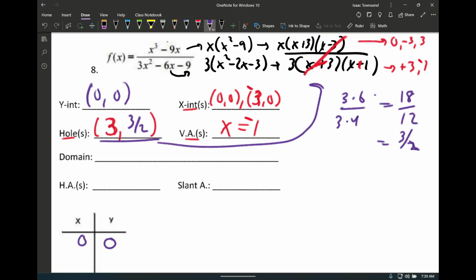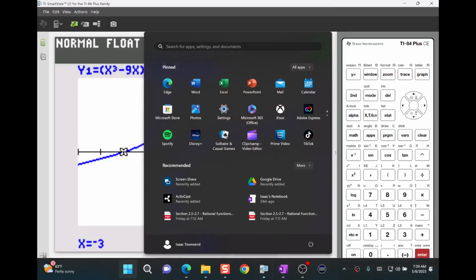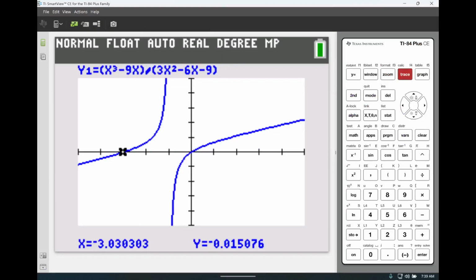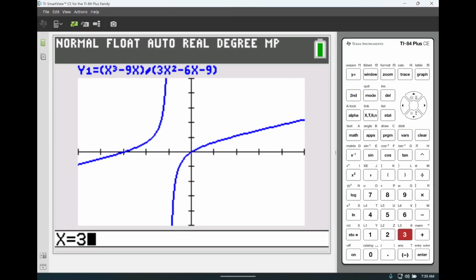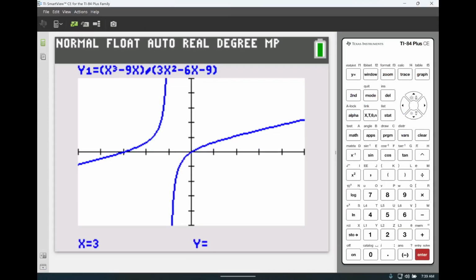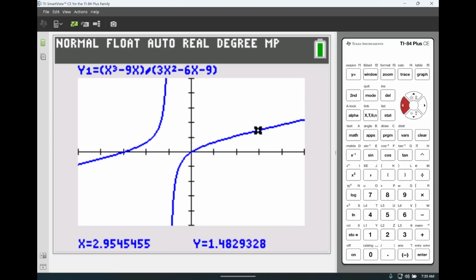Okay, so now if I check 3, it's supposed to be a hole. So if I hit trace 3 enter, it should say that y doesn't exist. Okay, now that makes sense. There is a hole there. And the closest thing you can do to check your y value is move the cursor a little bit to the left of 3. See that it's around 1.5.